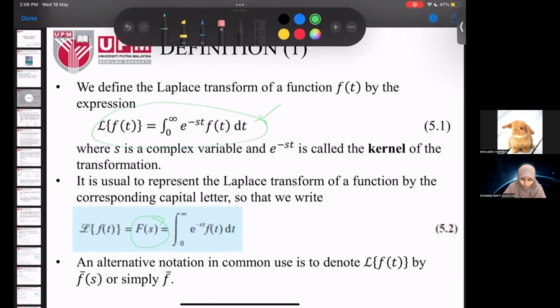Laplace basically helps us transform a function to another form of function. We kind of rewrite a function so that it is easier for us to integrate, to find the solution for the function.